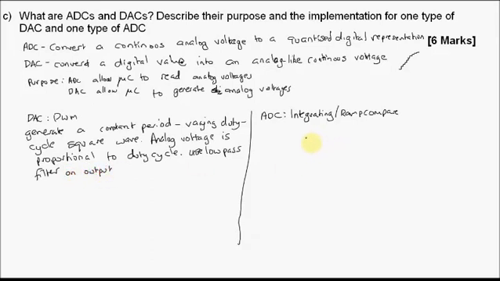For our integrating converter, essentially we have a comparator and we have an input voltage and a voltage that we ramp up. So input voltage compared to ramping voltage.